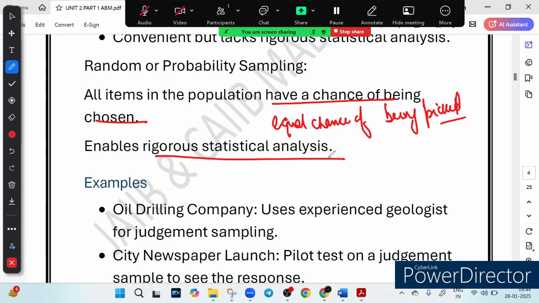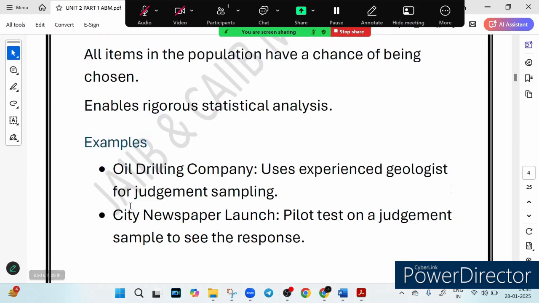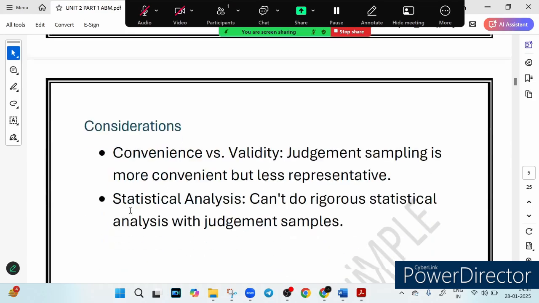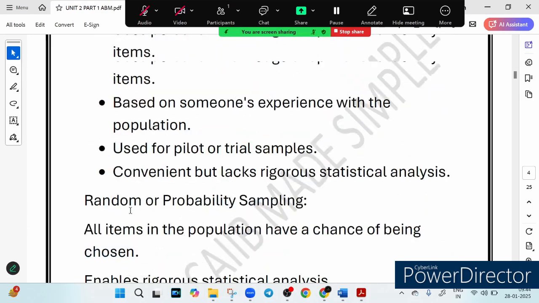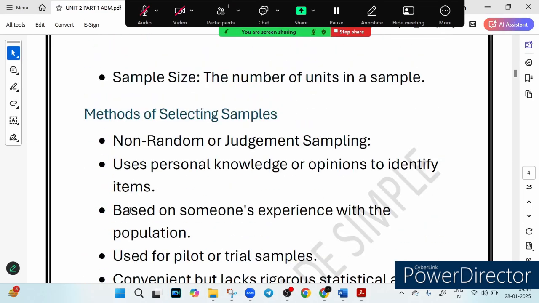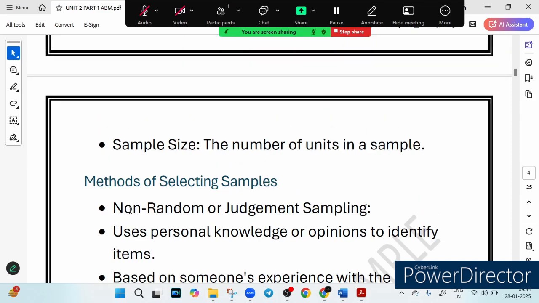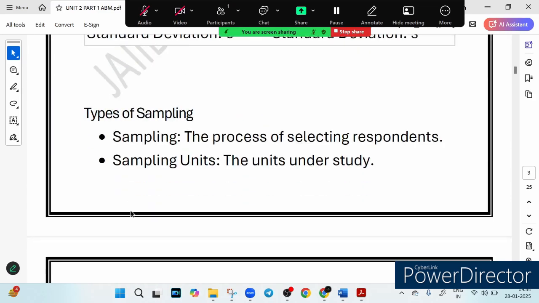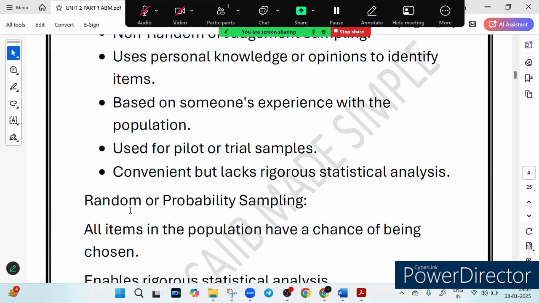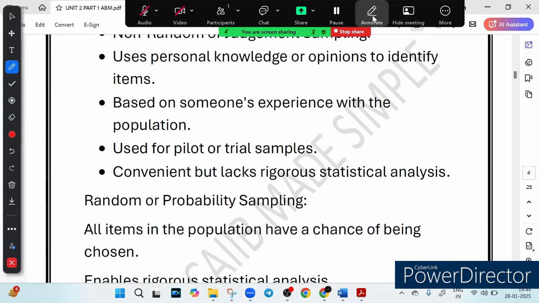Now let's look at judgment sampling again. Just now we talked about it beforehand, but let me tell you again. In judgment sampling, instead of random selection we rely on the experience or judgment of the experts to pick the sample.